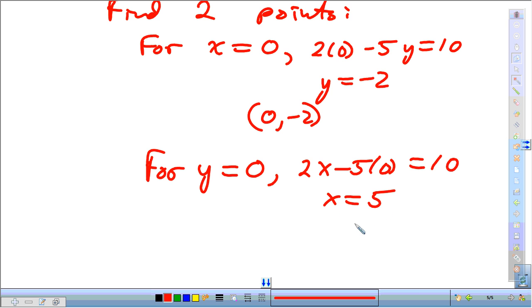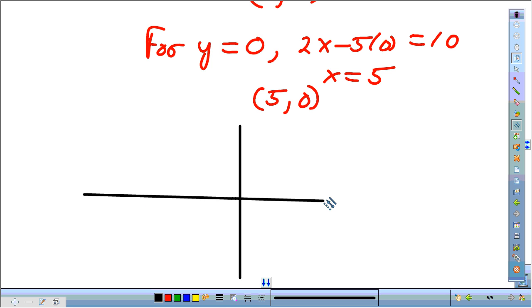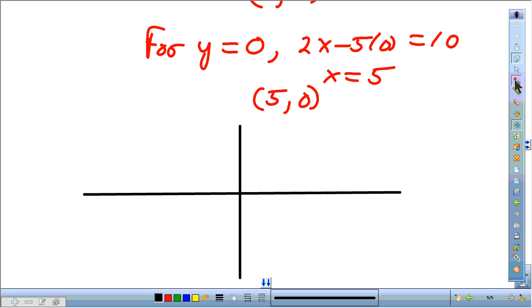But you can substitute different values for x and y and then solve for the other. Here I've done it, and found 0, minus 2, and then this second point, which is 5 and 0 paired. So if we plotted these points, we have a point here at 5, 0.